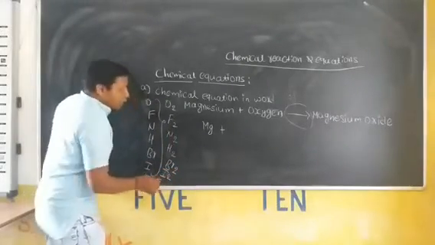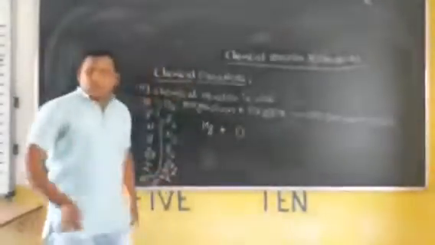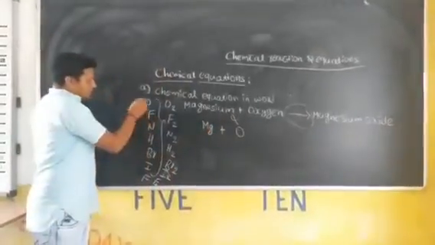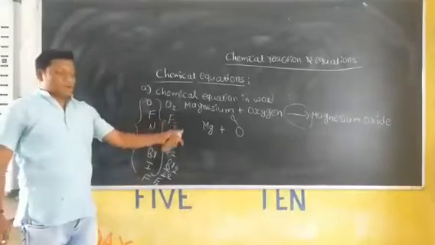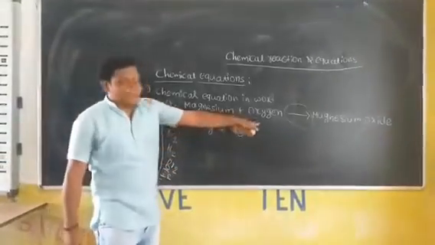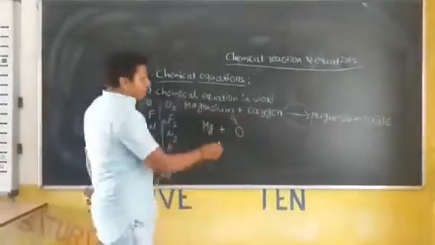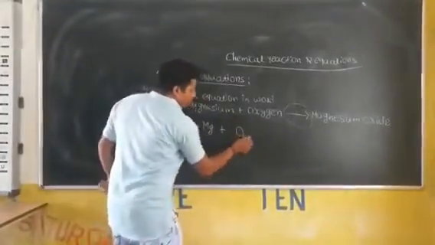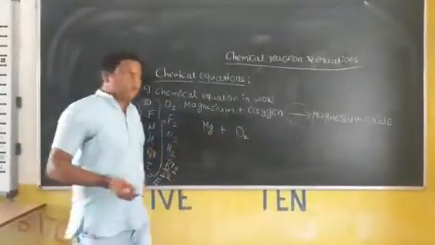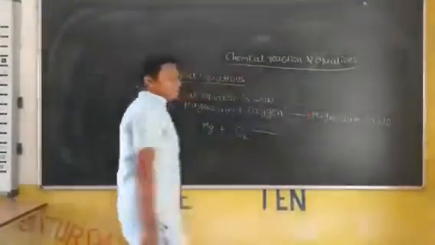Don't write only O here. If you write only O, this is wrong, because these atoms are present in diatomic form, not monatomic form. Whenever you have oxygen, you should write O2. So when magnesium reacts with oxygen, that is O2, it produces magnesium oxide.